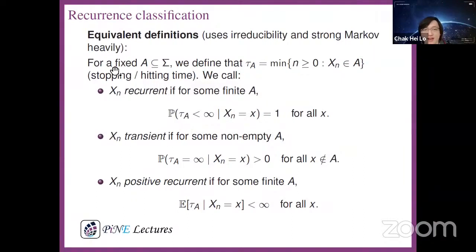So for fixed A in sigma, we define tau_A equal to this minimum. This is a stopping time, or sometimes we call this the hitting time.